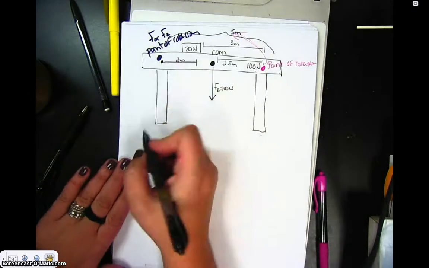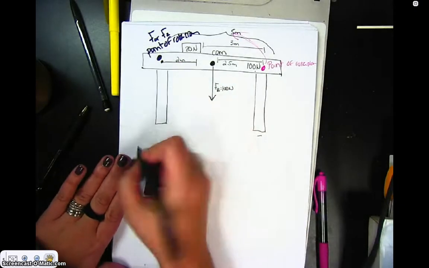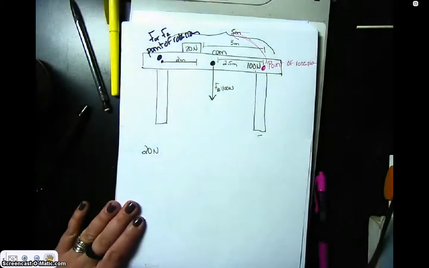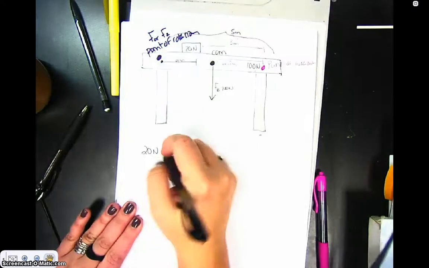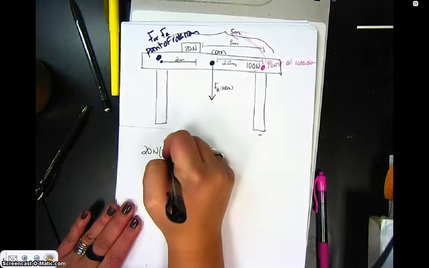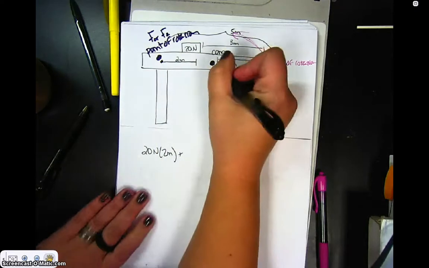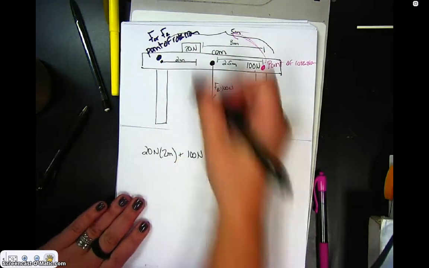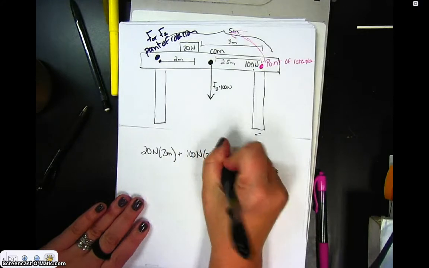So let's figure out what those forces are. I have 20 newtons times 2 meters. And then again, I have the entire weight of the board, this 100 Newton weight, at 2.5 meters.